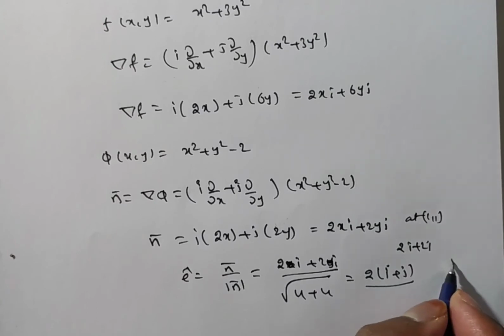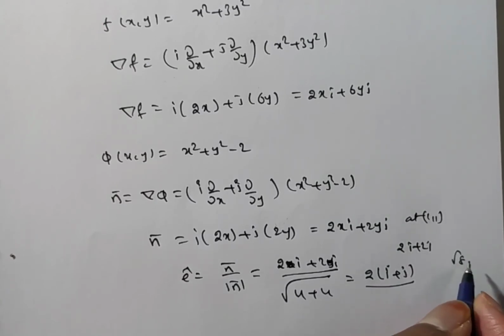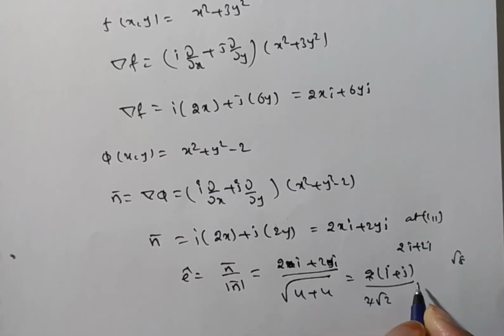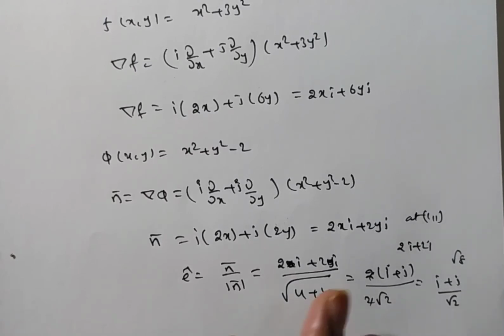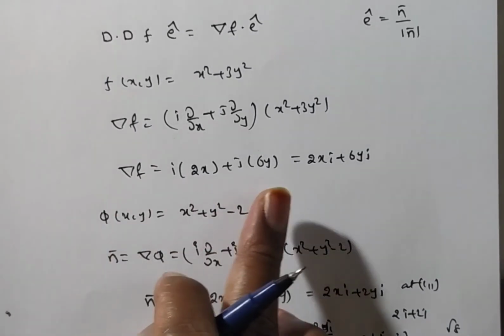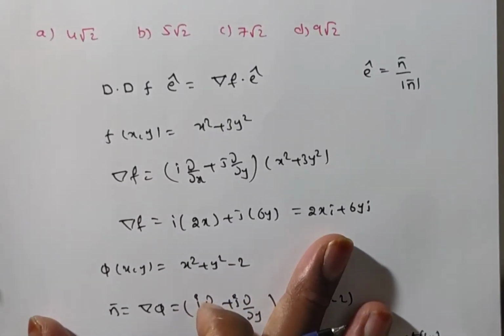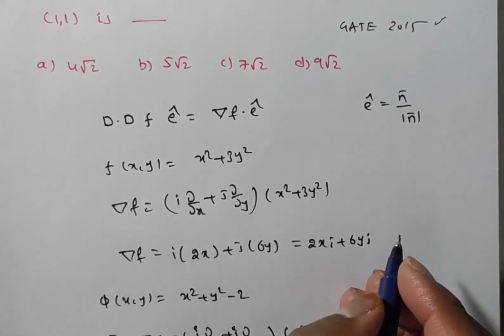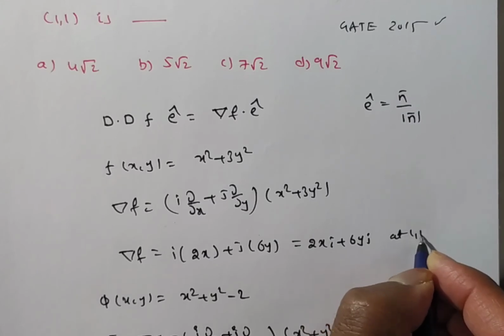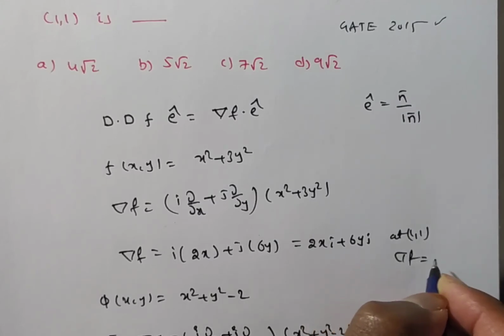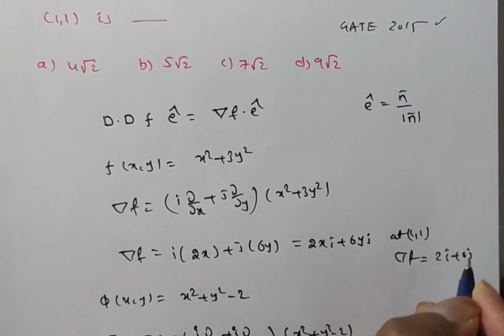Root 8 you can write as root of 4 times 2, nothing but 2 root 2. The 2 gets cancelled, then you will have i plus j divided by root 2. And we also need to find del f at the 1 comma 1 point only. So at 1 comma 1, del f is equal to 2i plus 6j.